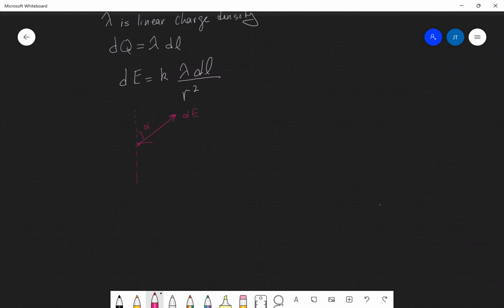We're going to call it dE horizontal. And it's going to have a vertical component, dE vertical. dE vertical is dE cosine alpha, and dE horizontal is dE sine alpha.